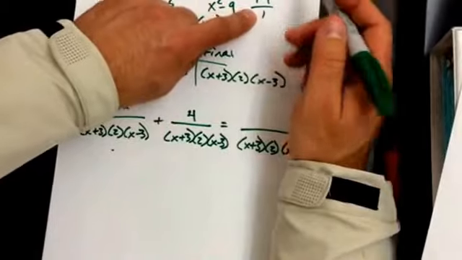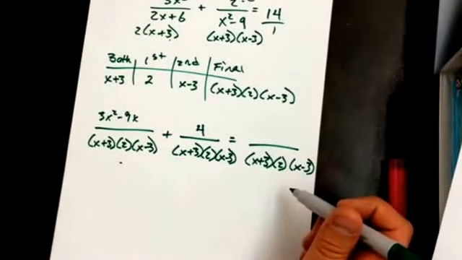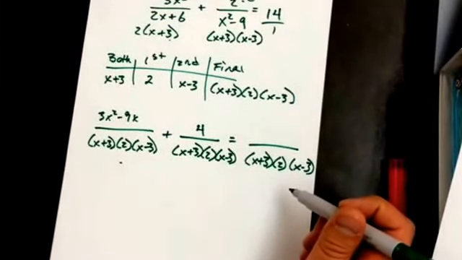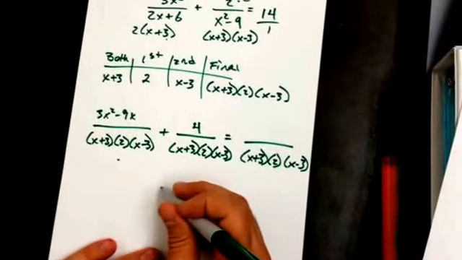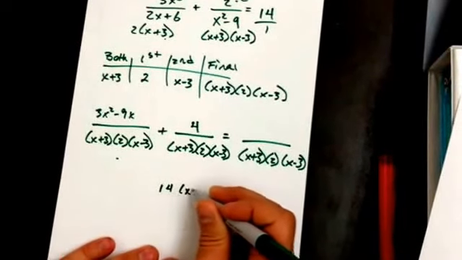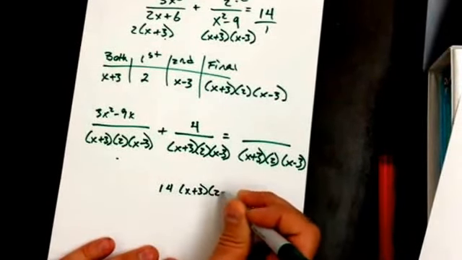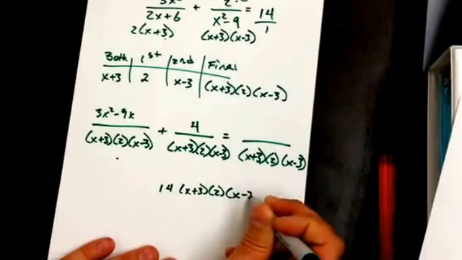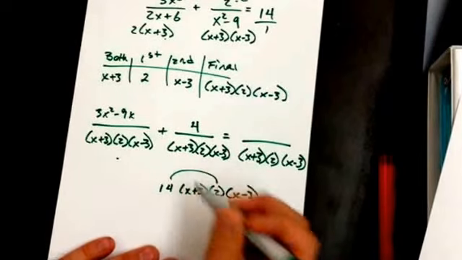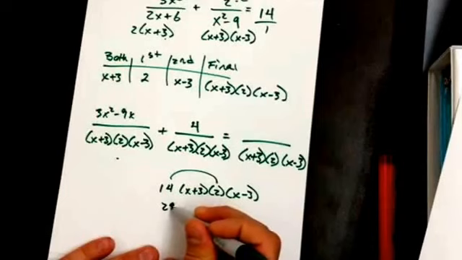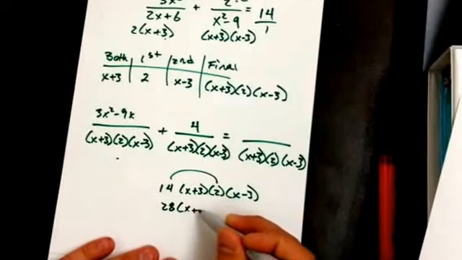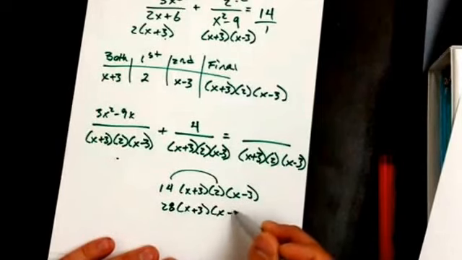What did I multiply this by to get here? I had to multiply it by the whole thing. So that's going to be a little bit more tricky. So what I have to do is 14 times x plus 3 times 2 times x minus 3. Well, it's going to be easier if I multiply these numbers together. 28, x plus 3, x minus 3.